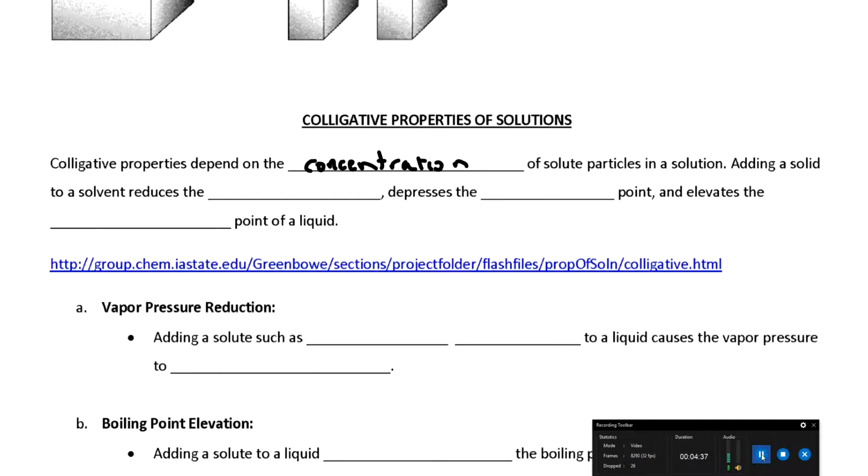So colligative properties depend on the concentration of solute particles in the solution. The more solute particles that are dissolved, the more these properties will change.